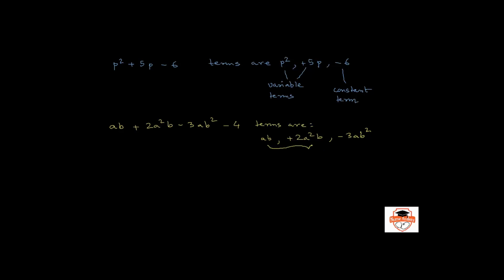These are the variable terms. a and b are the variables in this expression. So these are the variable terms. And there's also a constant term, that is negative 4. So this is the constant term.